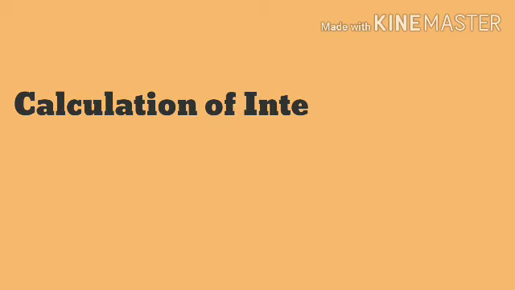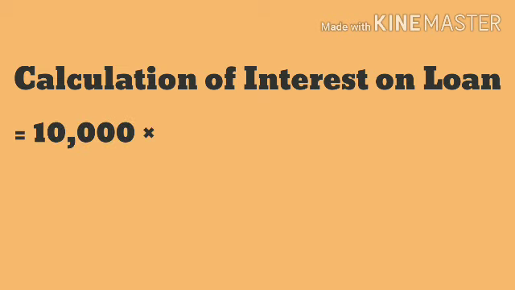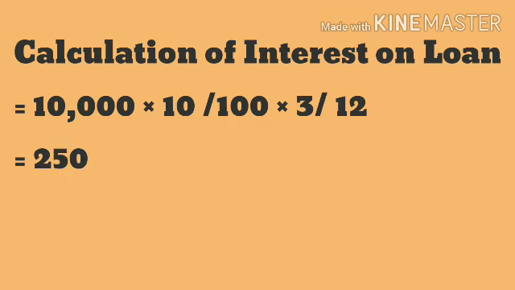So, we calculate interest on loan for only 3 months, that is January, February and March, which is equal to 10,000 into 10 divided by 100 into 3 divided by 12.